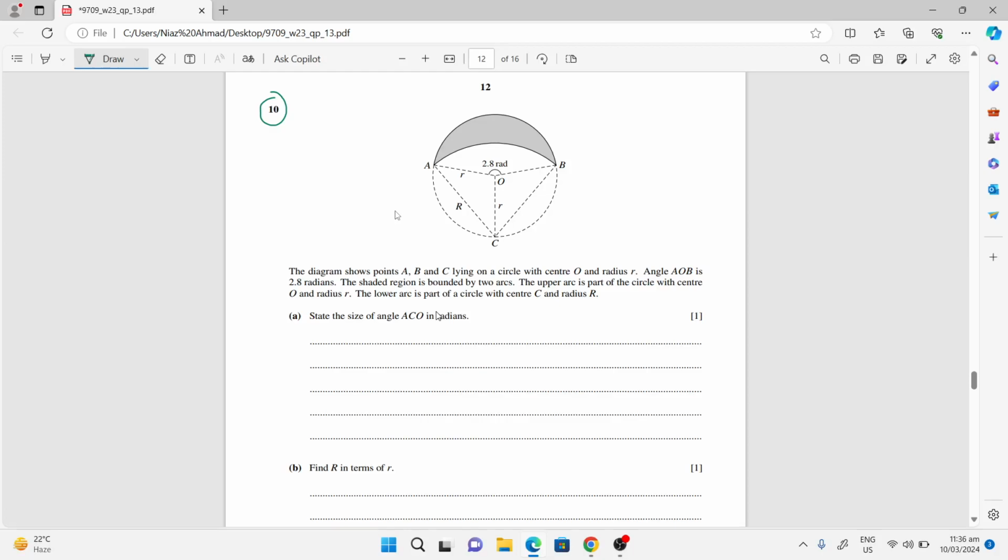How do we find the size of angle ACO? So first write the angle, reflex angle. You first find ACB. You need to get the reflex angle. Which reflex angle? Reflex angle AOB, that is actually 2 pi minus 2.8.